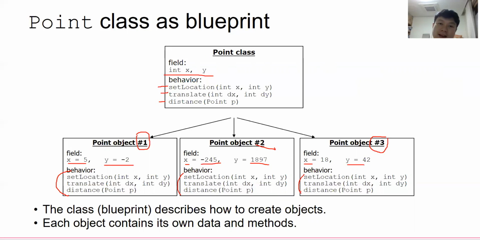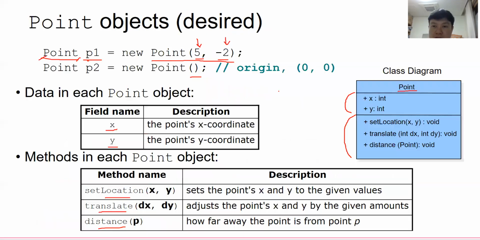Then I can say that for every point that you create, only the data members are different. Only the x and y are different, but all the behaviors are the same, and point object 1, object 2, object 3 can all access all the behaviors. In this case, you can note that I'm using plus.